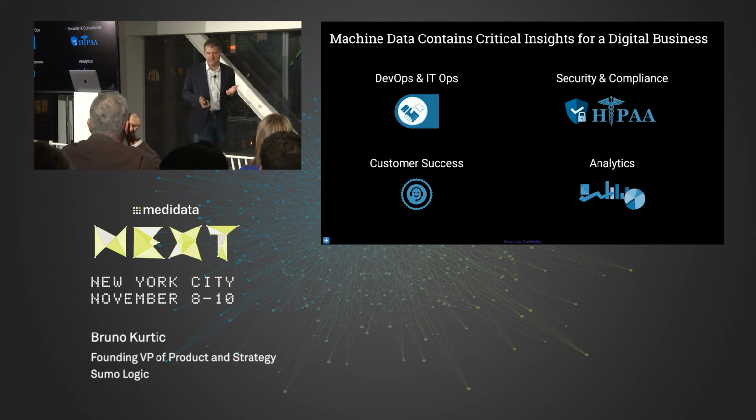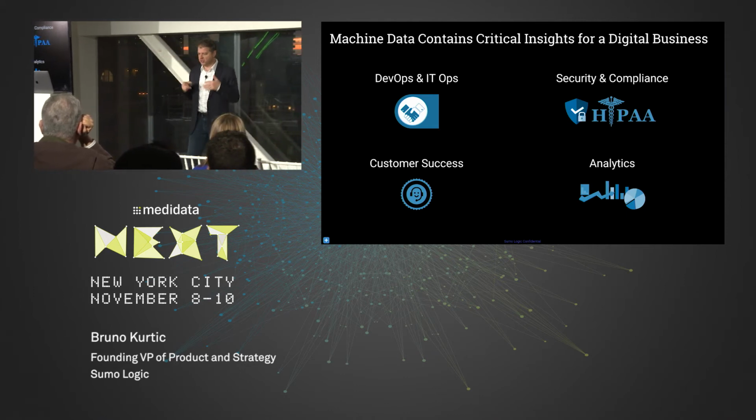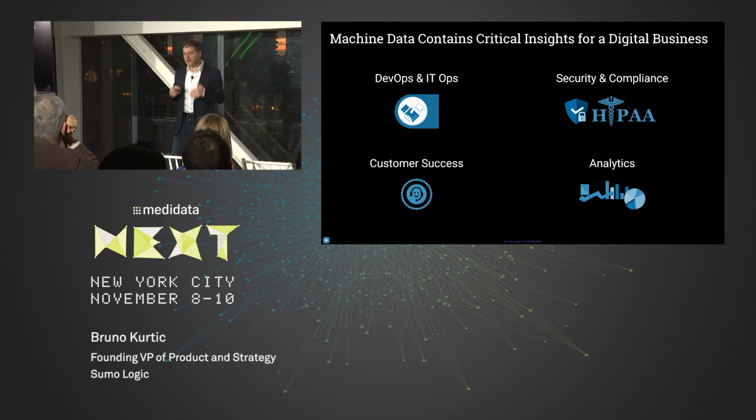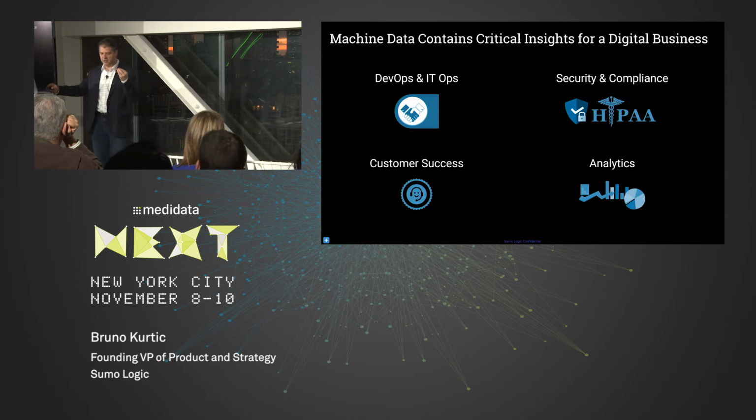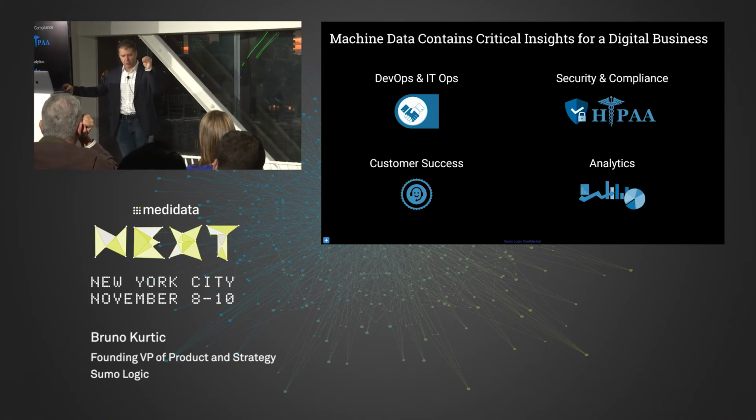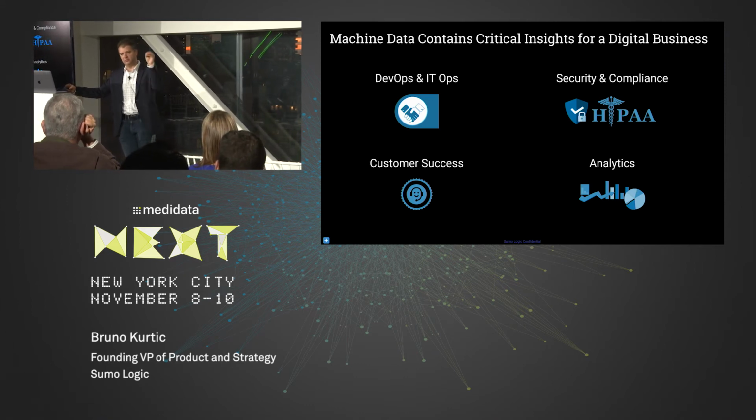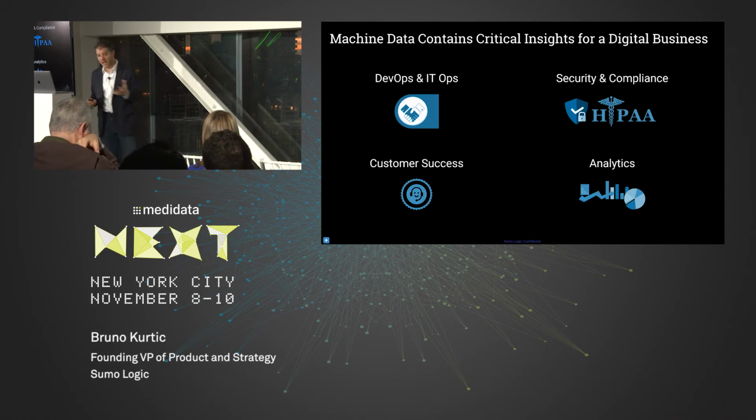More and more these days, digital enterprises are running their business on machine data, which is the exhaust of a digital business, right? It used to be that a data warehouse is the thing that you run your business on. You predetermine what data you're going to need, then you communicate to your developers, they build that data in, they build a data warehouse, then they generate that data, and ultimately you get a dashboard.